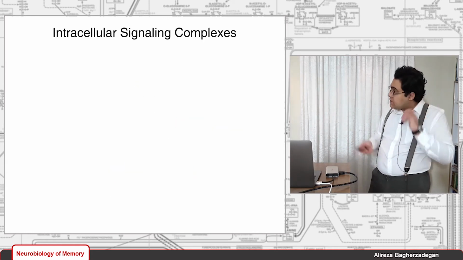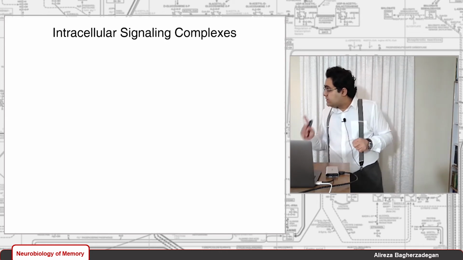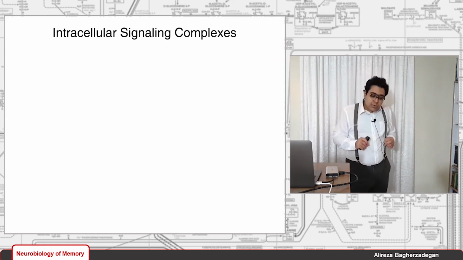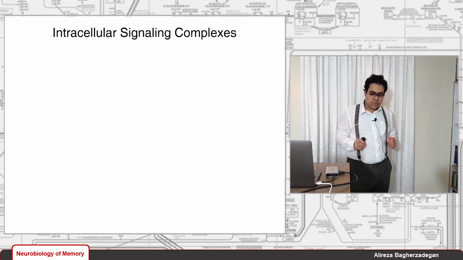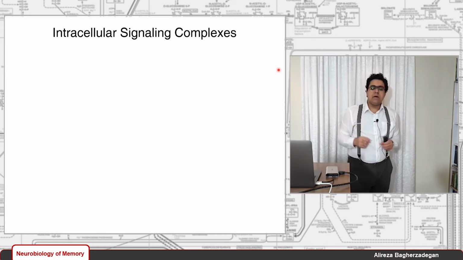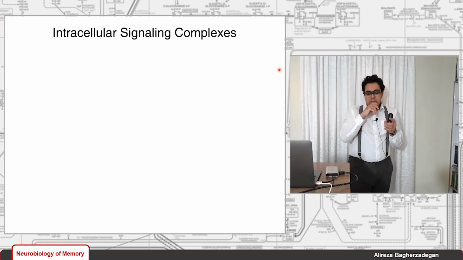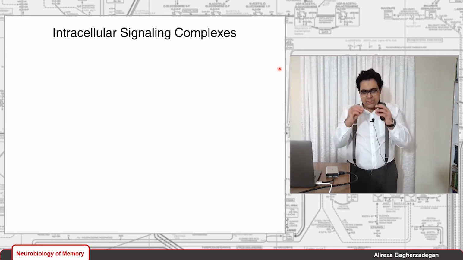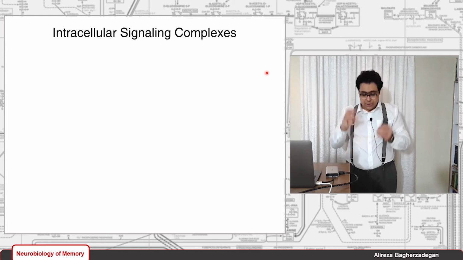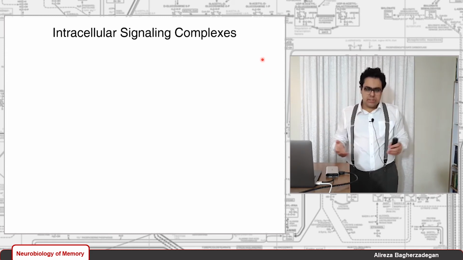Okay, now intracellular signaling complexes. As I told you in the part about modularity, when I was talking about modularity as an important feature of different signal transduction pathways, there are some proteins which pre-assemble transducers, or intracellular signaling proteins.